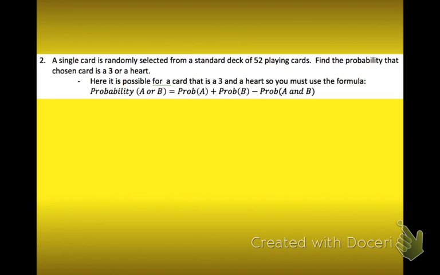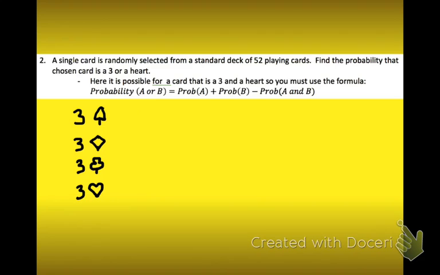If we select a card and we want to find the probability that it is a 3 or a heart, this changes just a little bit because there's 4 threes, and there's a whole bunch of hearts. You have the 3 of spades, the 3 of diamonds, the 3 of clubs, and you have the 3 of hearts.